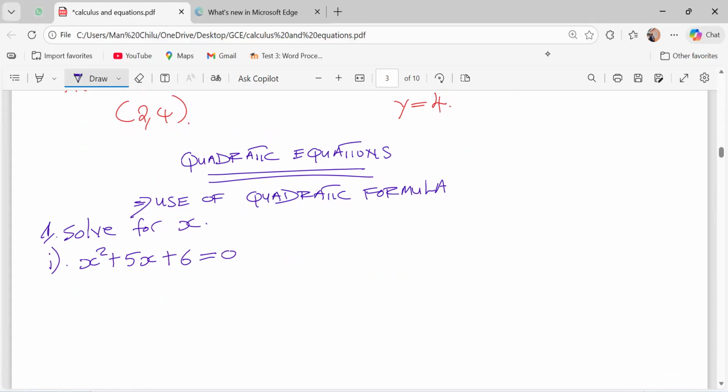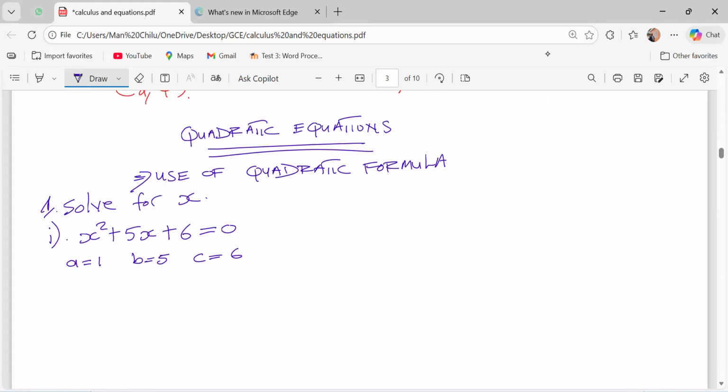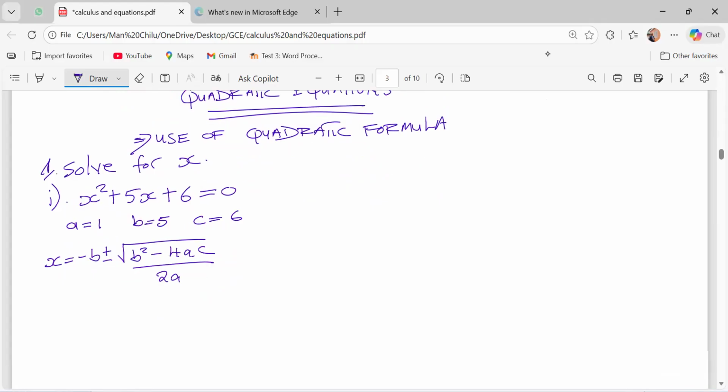Therefore, a is equal to 1, b is equal to 5, and c is equal to 6. So the formula is that x is equal to negative b, positive or negative, square root of b squared minus 4ac over 2a. So just substitute the values of a, b, and c.